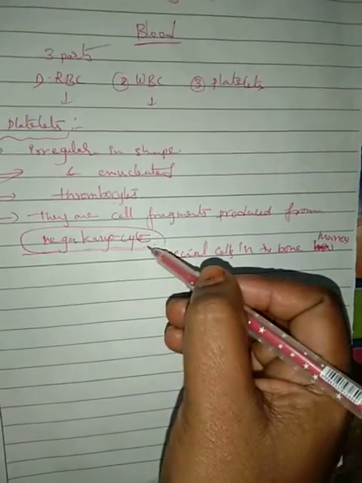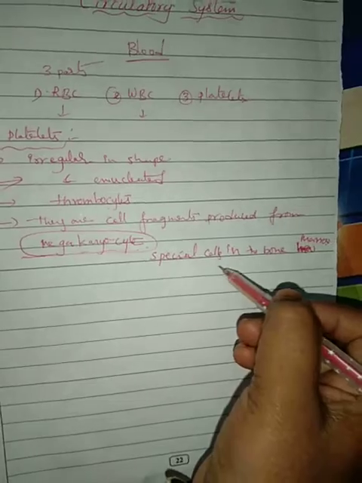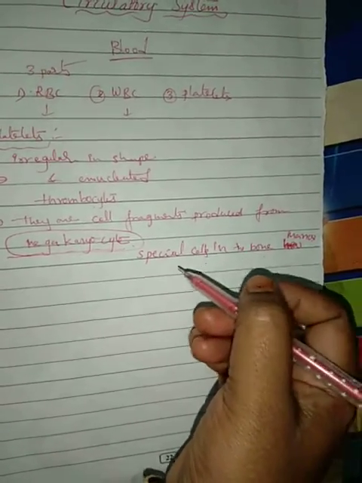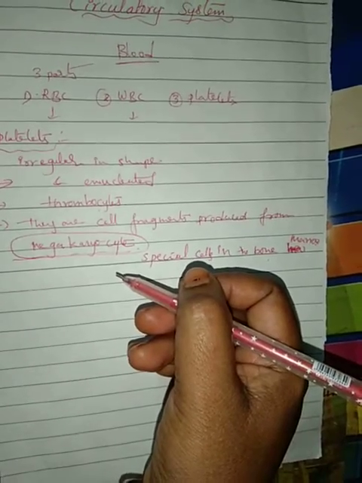What is a megakaryocyte? It is a special cell in the bone marrow. Special cells are megakaryocytes.